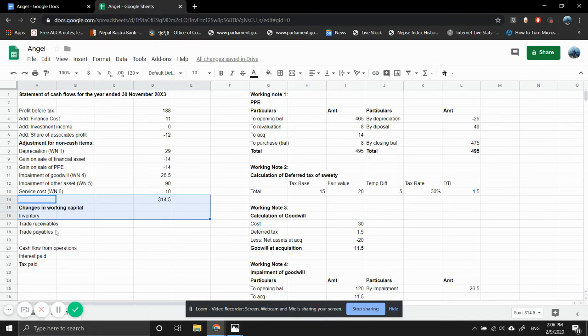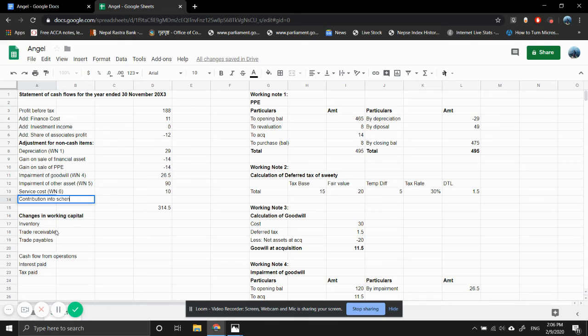I'm missing something over here. So contribution into scheme. This is from working note 6.